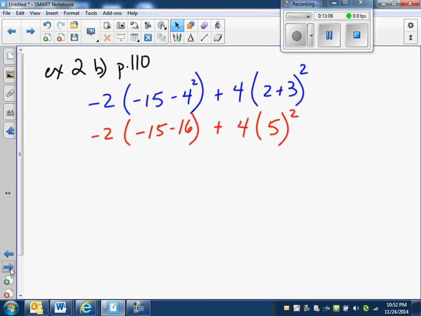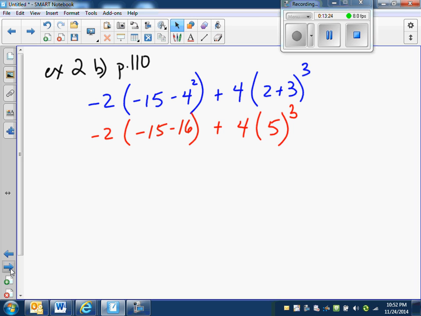Oh, sorry, actually in the example on page 110, this is actually cubed, it's not squared. Okay, so we've got that to the power of 3.